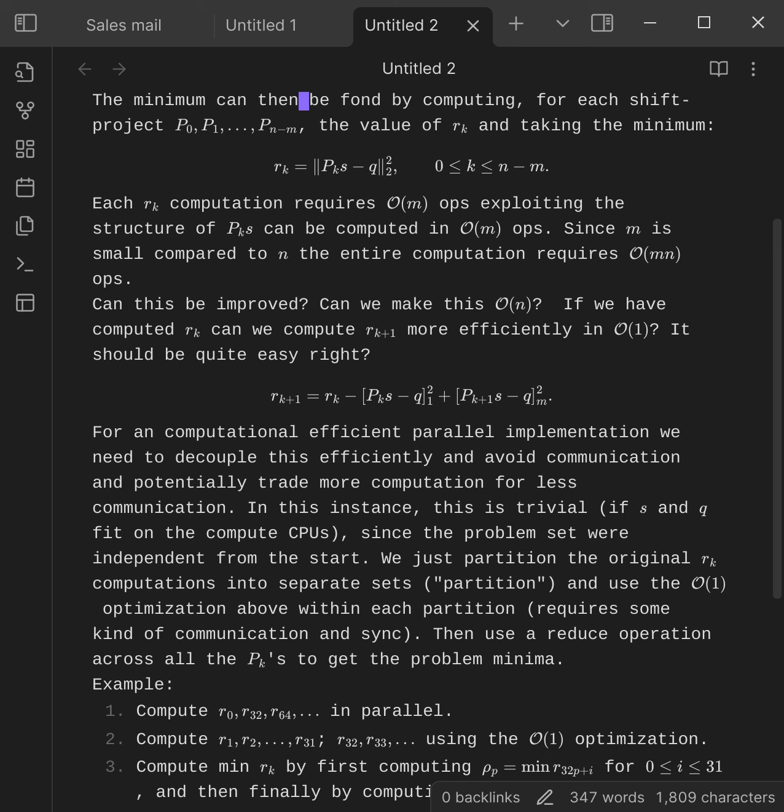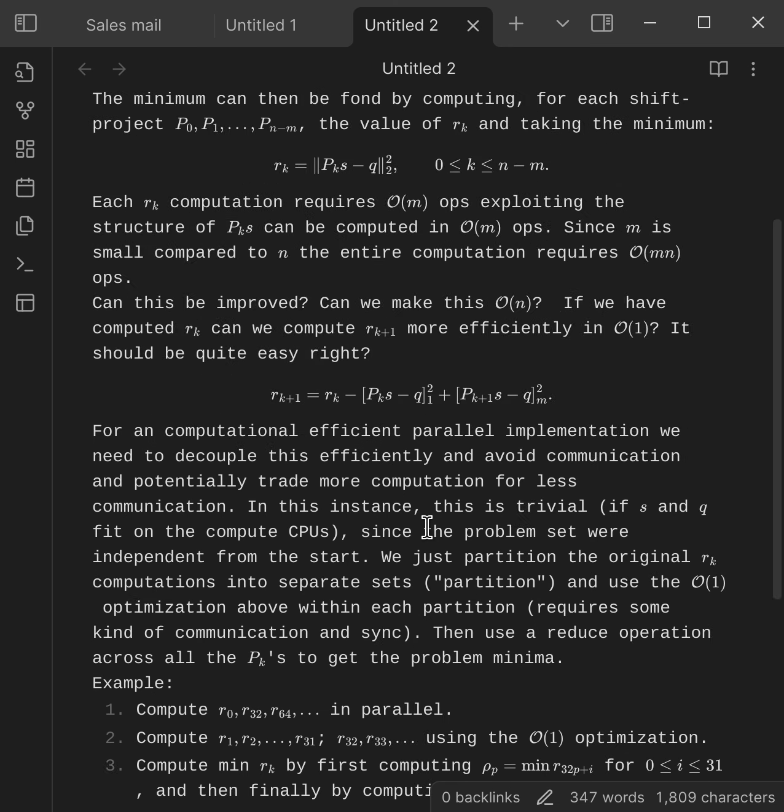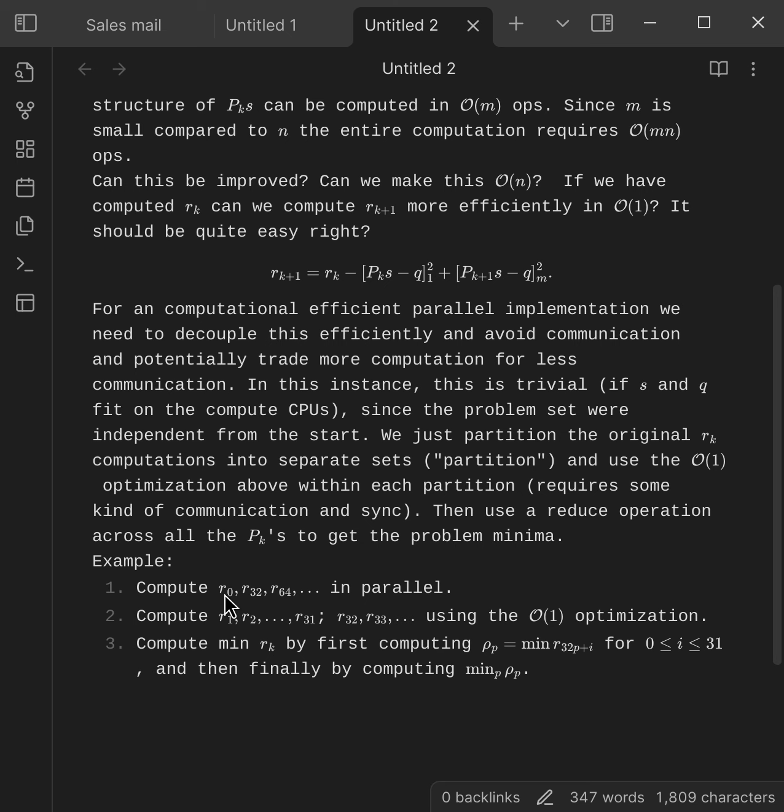So how would we do that a bit more efficiently, like some kind of compromise between a sequential algorithm and breaking it down into independent parts? Here is my lame attempt. Suppose you divide this set of RKs into a set of multiples of 32, and you compute them all in parallel.